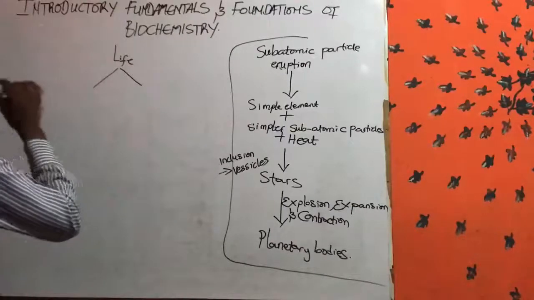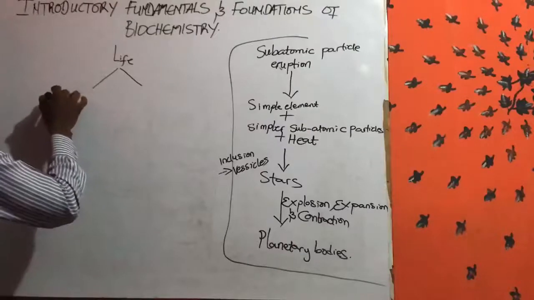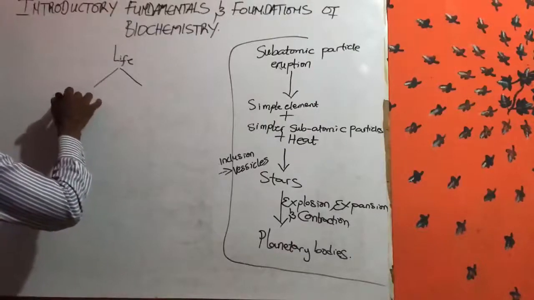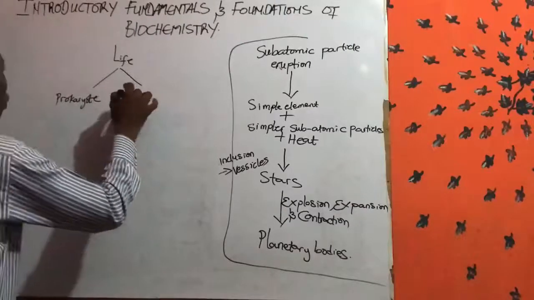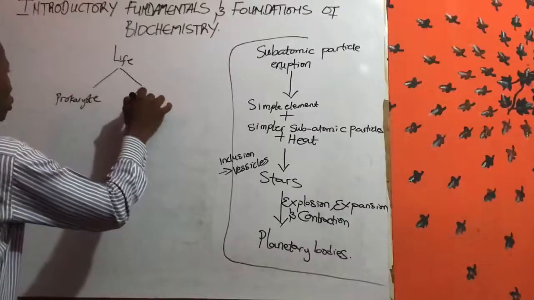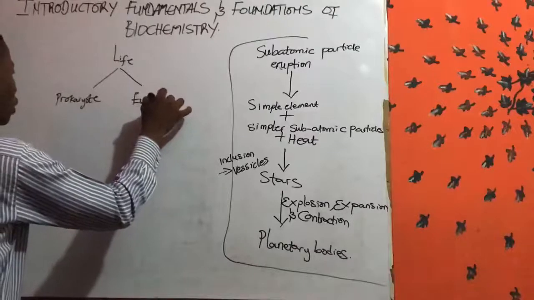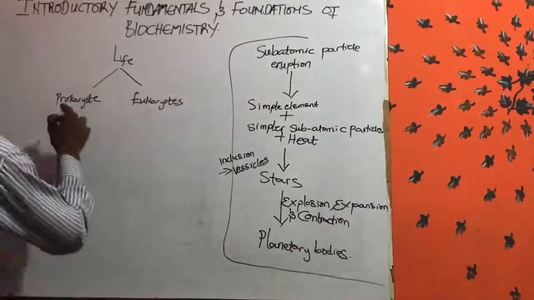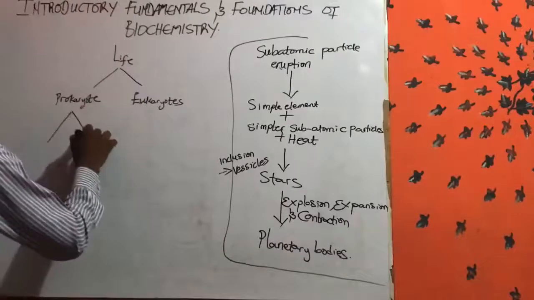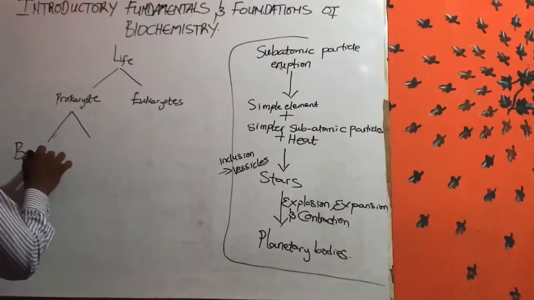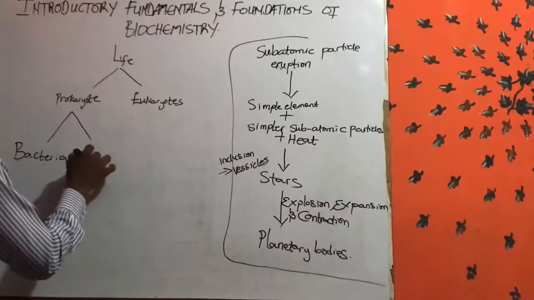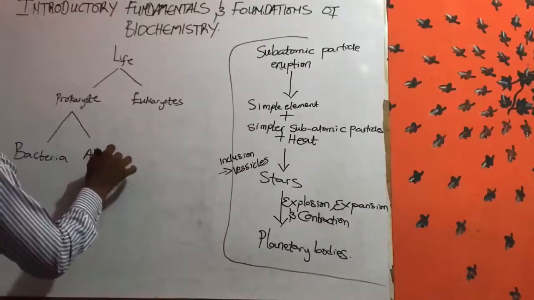We have the prokaryotes, and we have the eukaryotes. Under the prokaryotes, they are divided into the bacteria and the archaea.